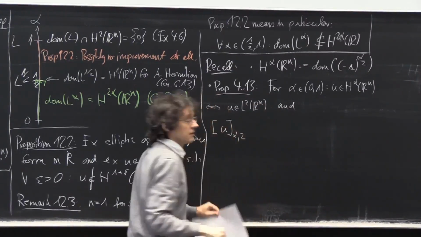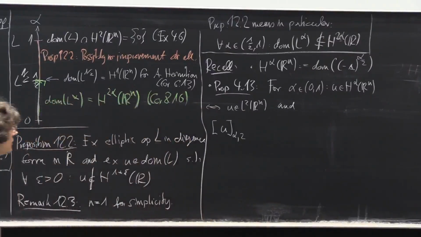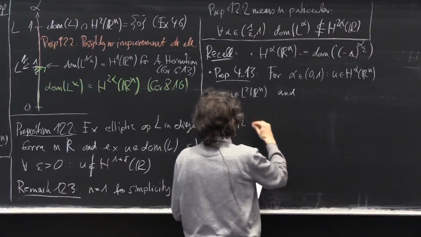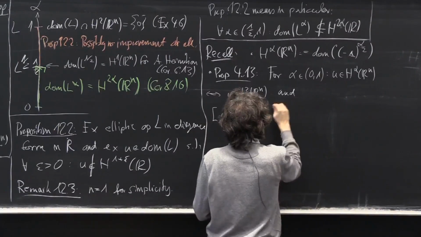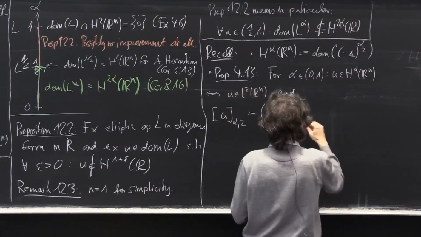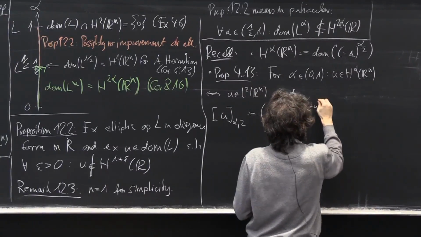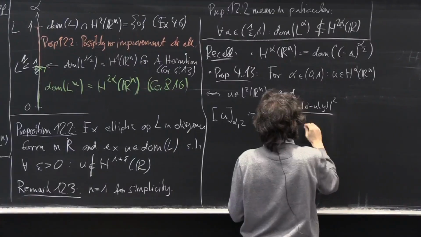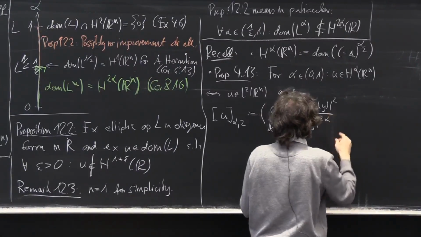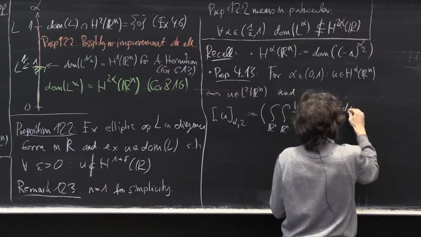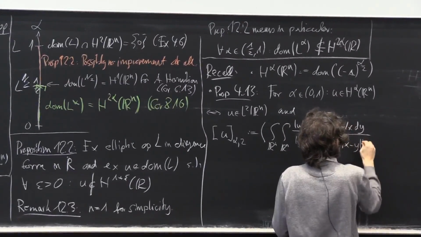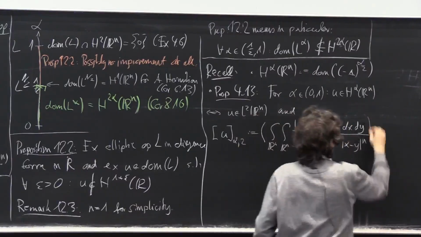This was denoted by the brackets U alpha 2 and is given as the double integral over Rn and Rn of the difference between U of x minus U of y squared, divided by x minus y to the 2 alpha, integrated with respect to the measure dx dy over x minus y to the n, and this to the 1/2.